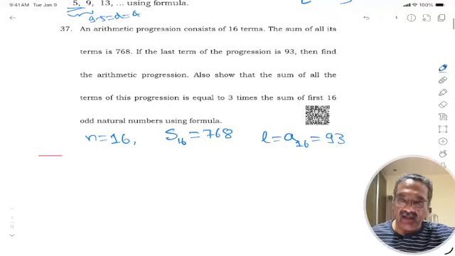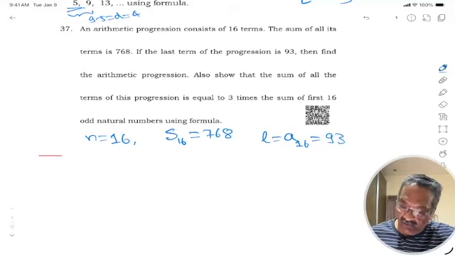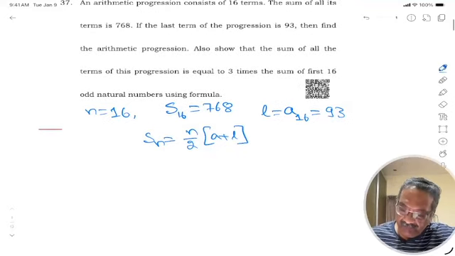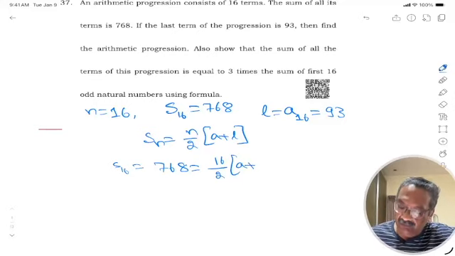First we will find the AP. So we have got L is equal to 93. Whenever you have the last term and the n, what you can do to find the first term is use this formula. Sn is n by 2 into a plus L, first term plus last term into n by 2. So S16 is equal to 768 is equal to 16 by 2 into a plus L, and L is 93.